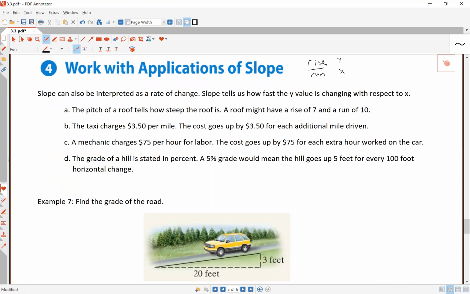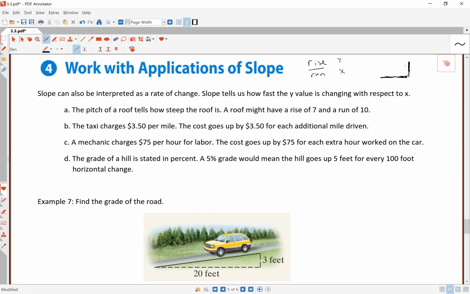So if the y value represents the pitch of a roof, the y value would tell you how high a roof goes with respect to how far horizontally it goes.